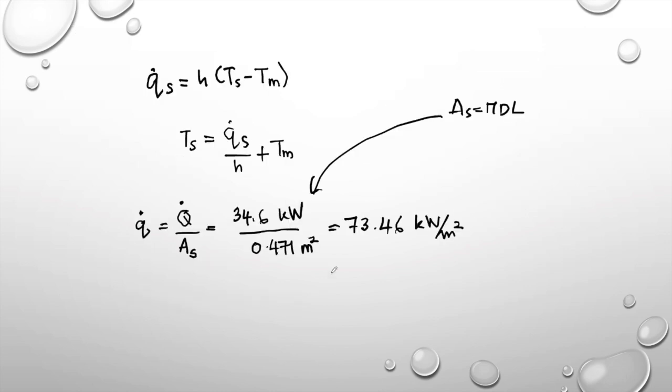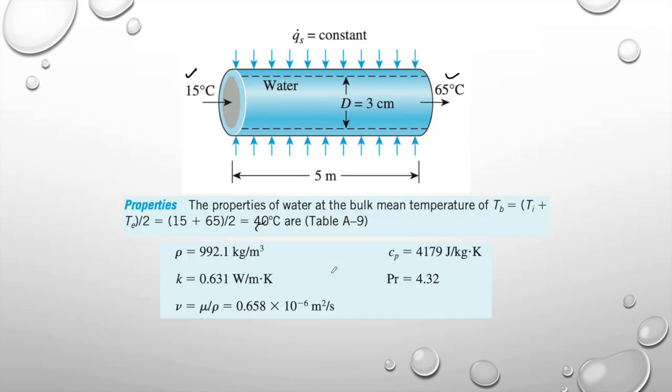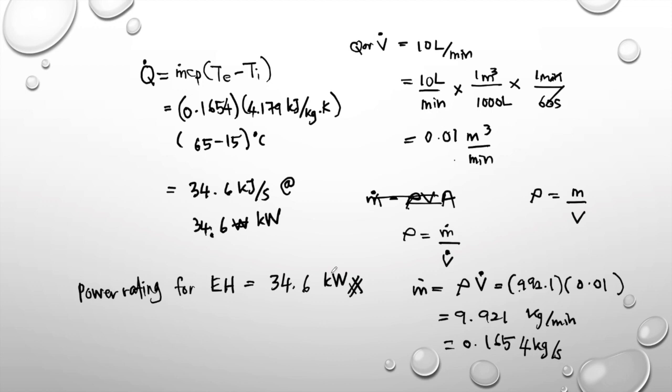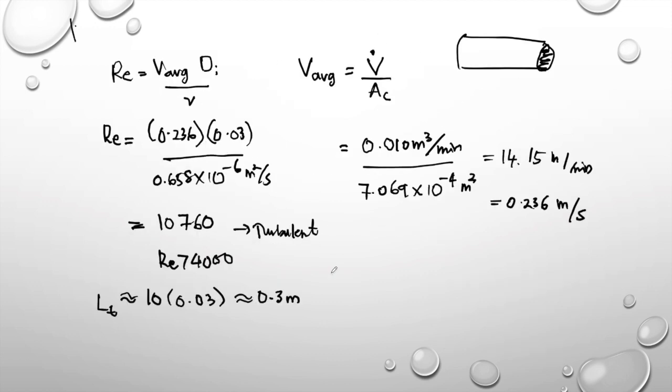Compared with the total length of your tube, which is 5 meter, it is about 6%. Therefore we can assume your flow is fully developed turbulent flow.